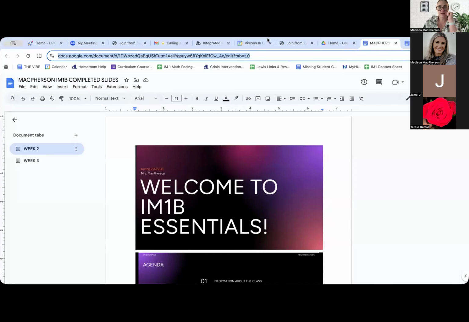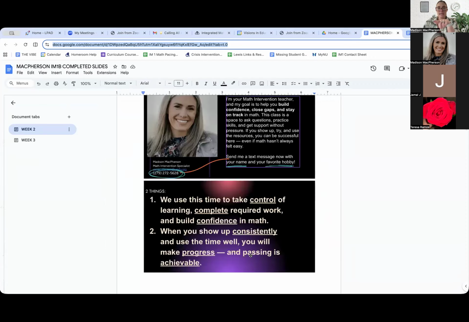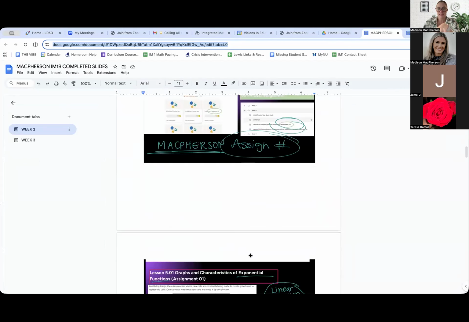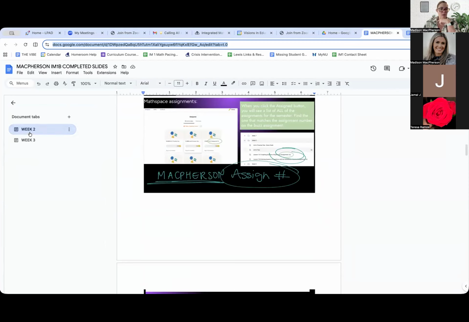This is a document that I am creating as the weeks go by, and it just has the slide decks on it. But the good thing about it is that it has the math-based assignments completed. So if you look at it, there are tabs over here that will tell you where to go. So last week we did assignments 1 and 2.